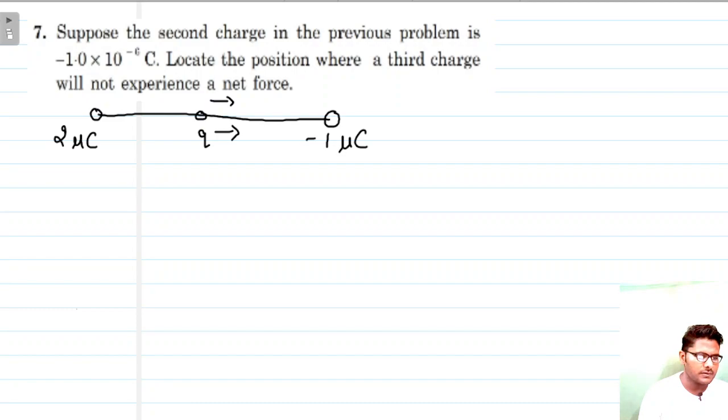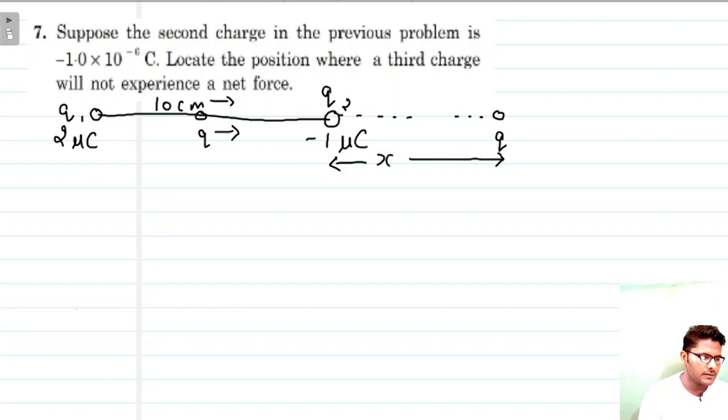So let us assume our charge is placed here. This is our Q1 charge. This is our Q2 charge. The separation is still the same, 10 centimeters between both charges. Suppose this charge is placed at a distance of x centimeter from the smaller charge.